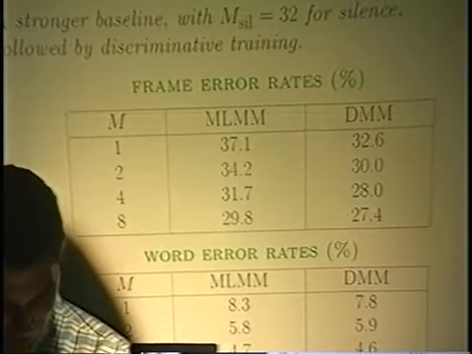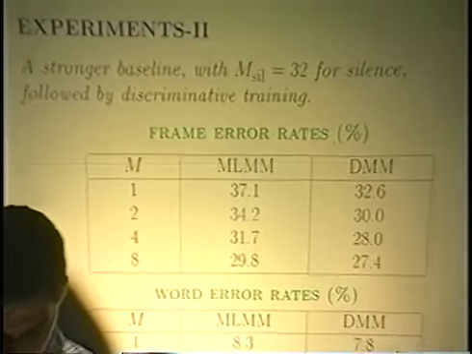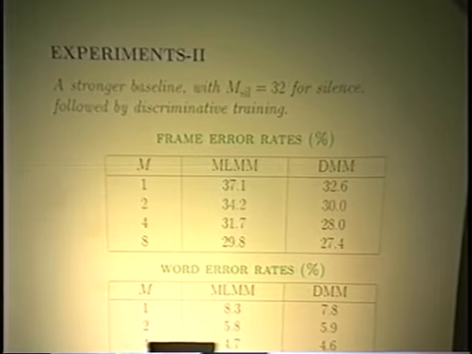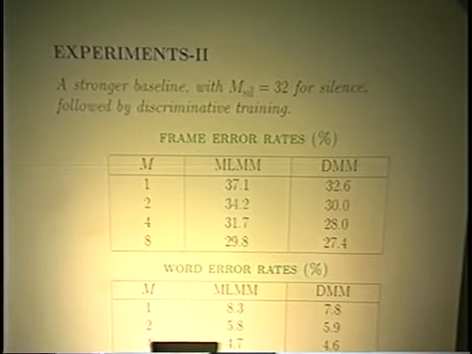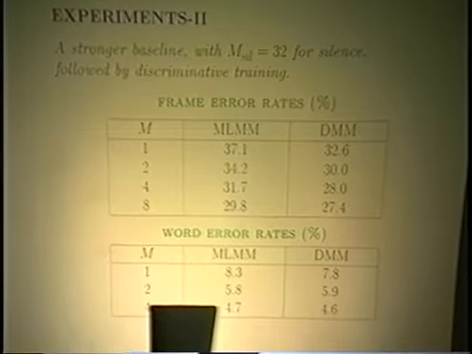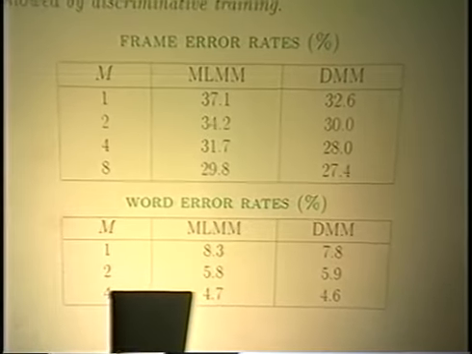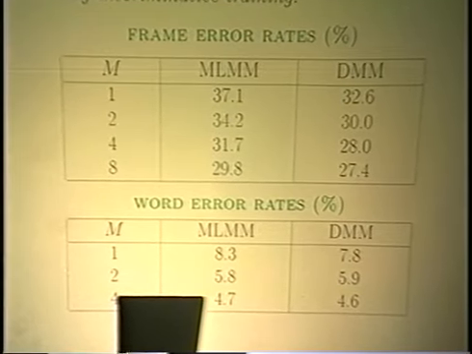So let me just show. One very easy way to improve this baseline is to just up the number of mixture components for silence. Keep everything else the same, but more mixture components for silence, because there's a lot of different types of background junk in this data set.